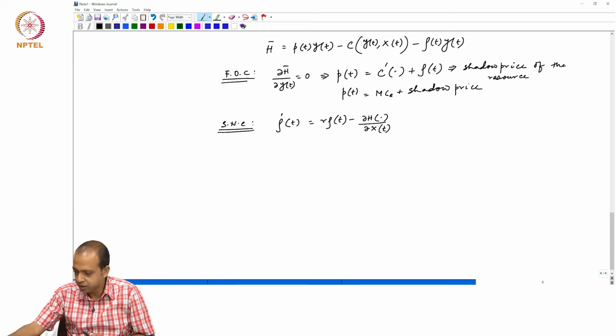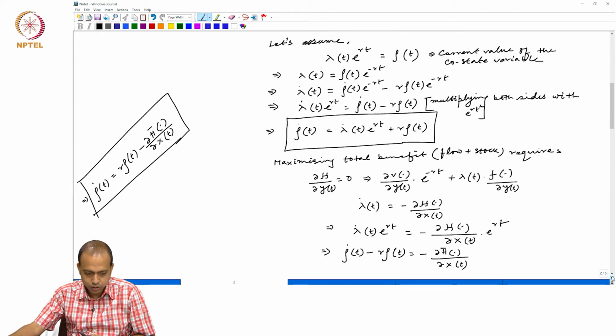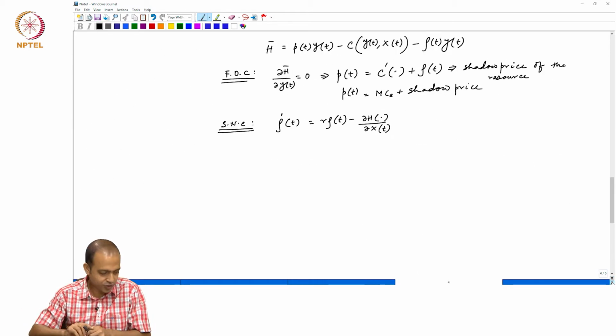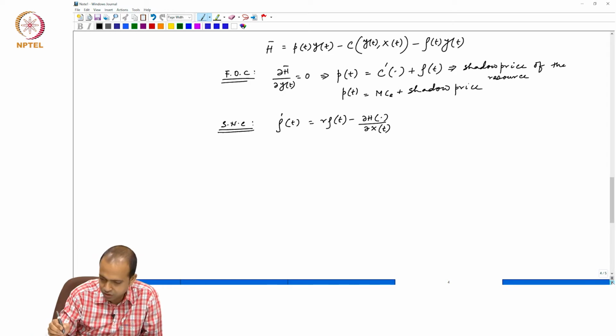If you go back, I can just show you. This condition, rho dot t equals to R into rho t minus del H bar del x t. Okay. This is the condition.